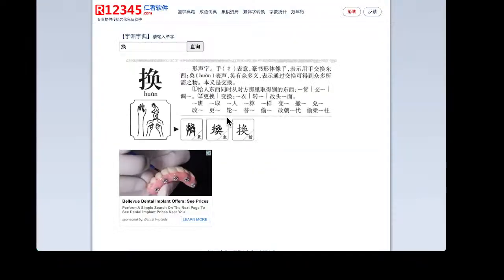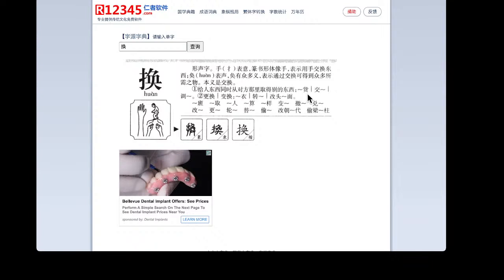And let's take a look at the character itself. Now for 换 you have to use the hand, right? So that's the hand radical on the left. On the right hand side is the part pronounced as 换, which has the meaning of many.